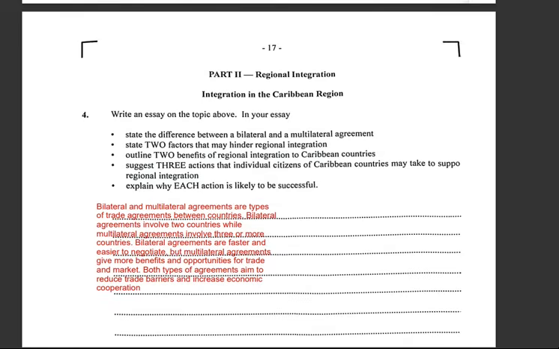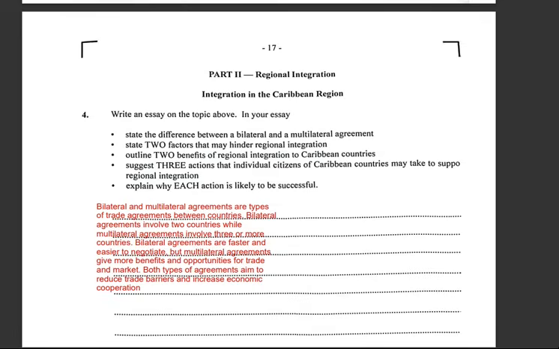That simply means that if there's no common strategy for development for regional integration, we would not have a good integration in the Caribbean region. So one factor that would hinder regional integration would be the absence of a common strategy for development. And another one I could use off my fingertips would be competition from locations or industries.